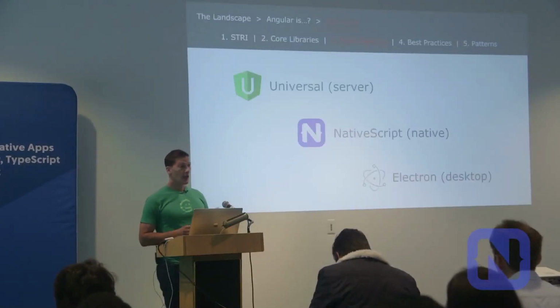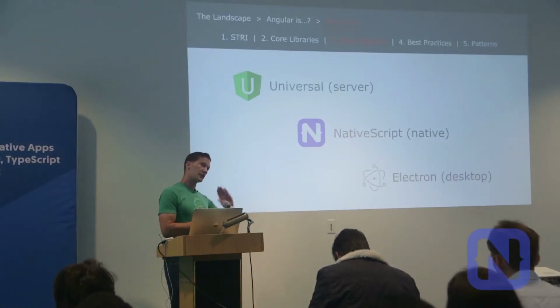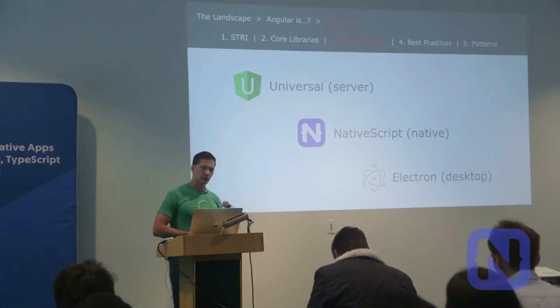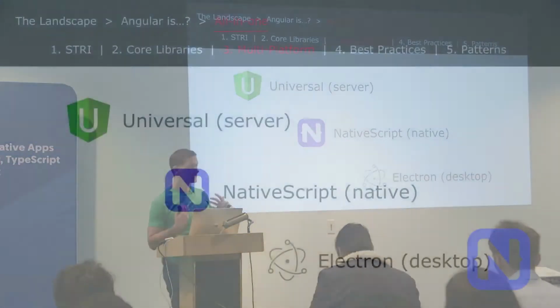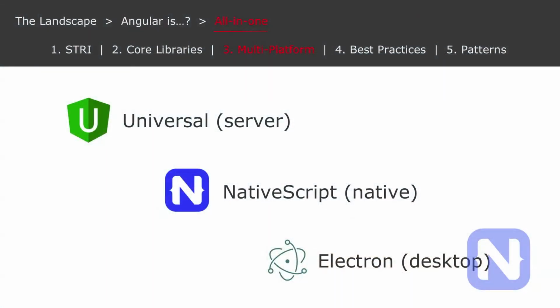One great thing about the more recent version of Angular versus the old version is that it is multi-platform. And this is the reason why NativeScript is able to leverage it, right? This is why you can use the same framework, but then render on the server for SEO-based apps, on native apps like with NativeScript, or on the desktop with Electron.